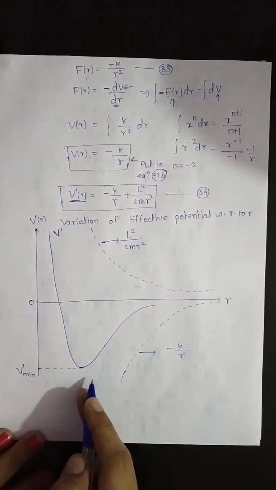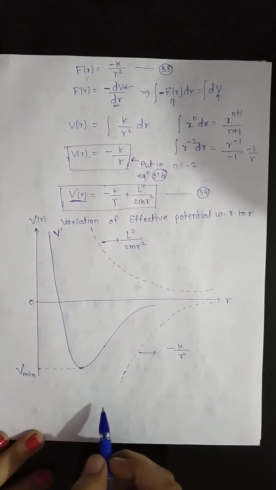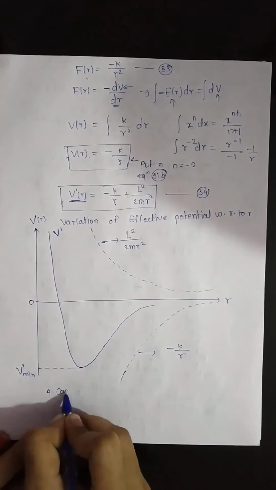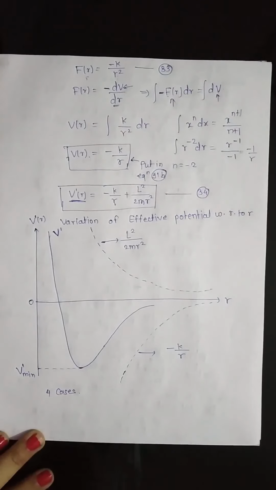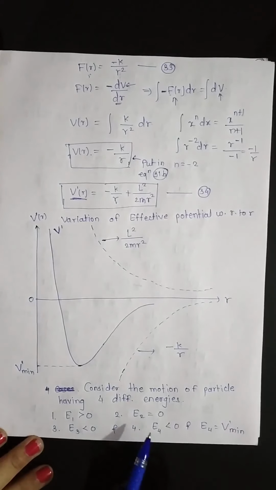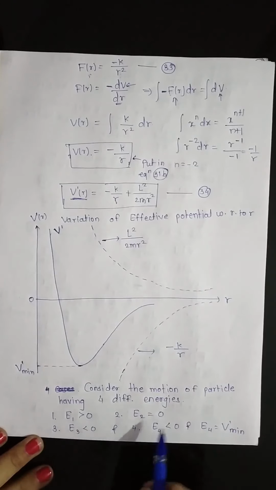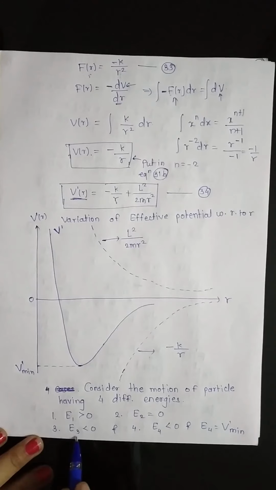Now we will consider that the particle is moving with four different energies. We will study four different cases for energy. First case is E1 greater than 0. Second is E2 greater than 0. Third is E3 less than 0.